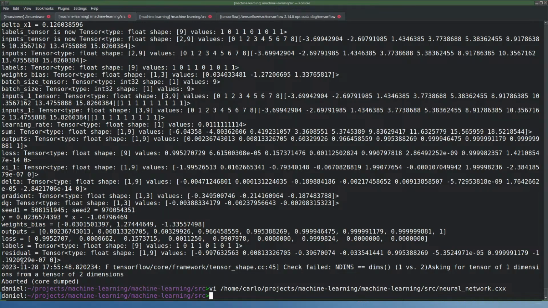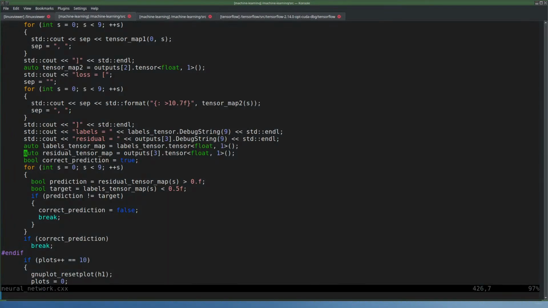Oh, so lame. It thinks that this is a two-dimensional thing. Maybe I should reshape it to a one-dimensional one first. Or I can just do a 0, comma. Let's do the 0, comma thing. Yeah. 2 dimensions.